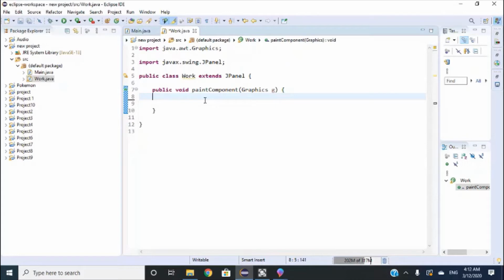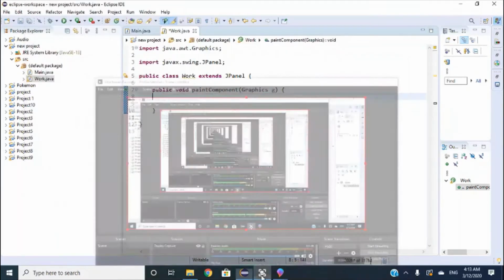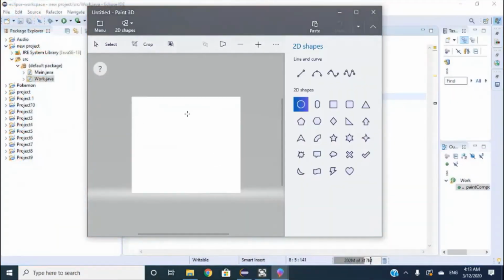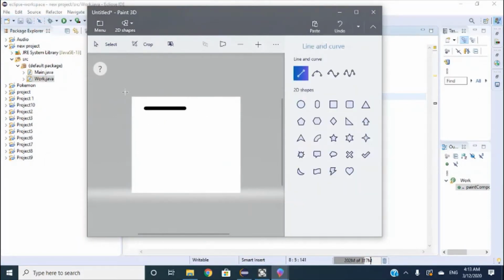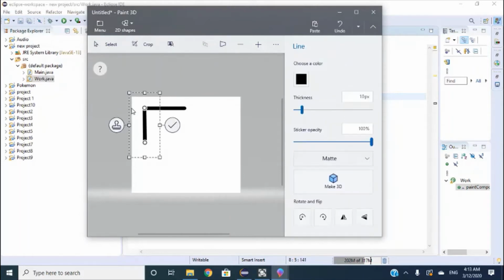First, the translate method. What the translate method does, let's use Paint to show this. Make a picture of this. Now, in Java we have an axis that looks like this.